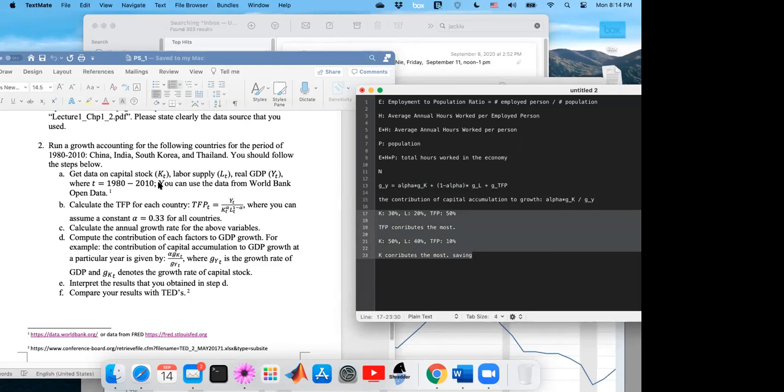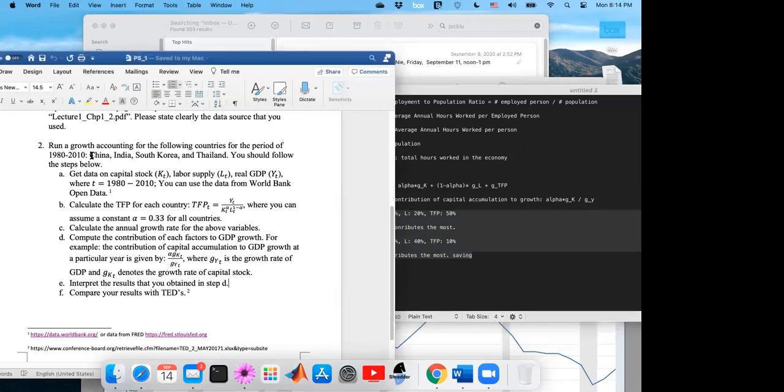So what you need to do is literally dive into the data, like look at China, India, South Korea, Thailand. Or if you wish, you can look at your home country, or a country you are interested in, but do the same things as I asked you to do. So you are not confined to these 4 countries, right? You can look at whatever country you are interested in.